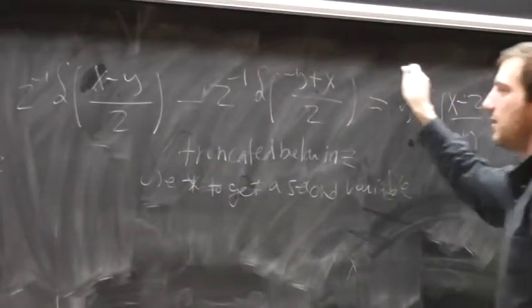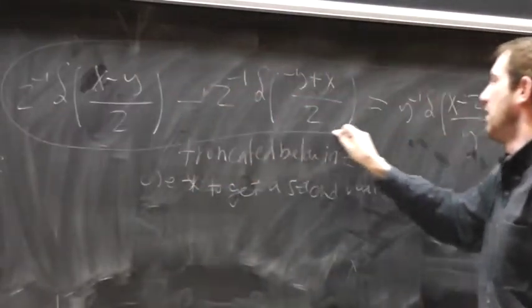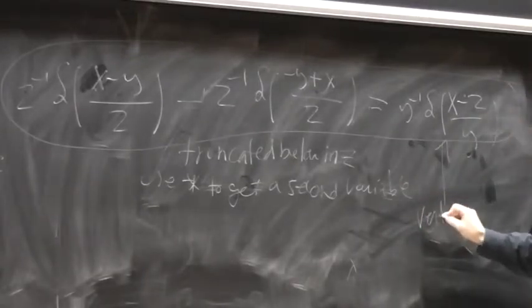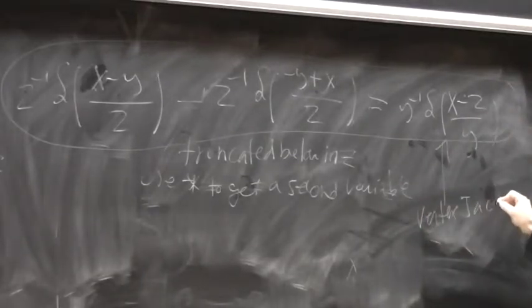So this. This is the vertex Jacobi algebra, Jacobi identity.